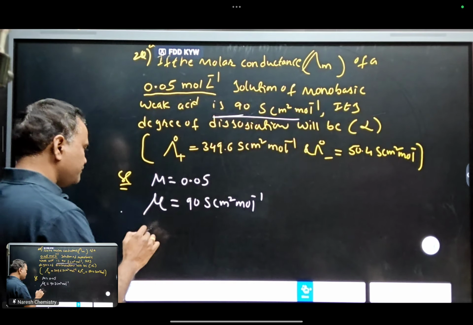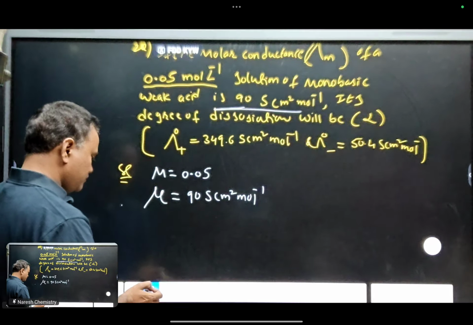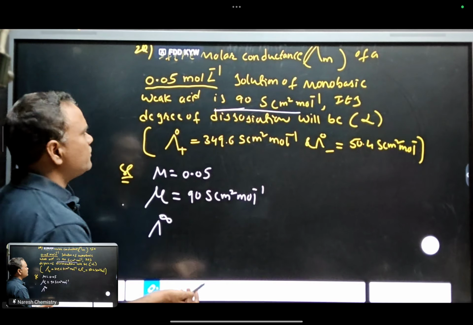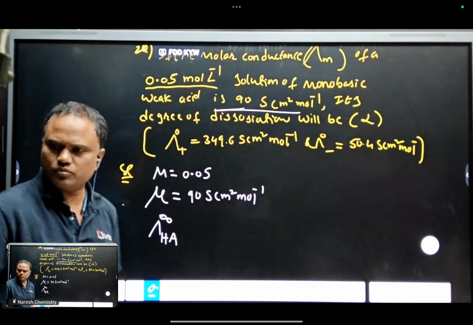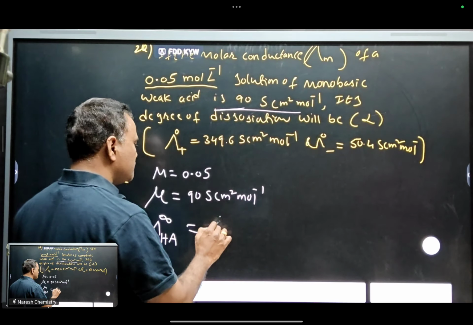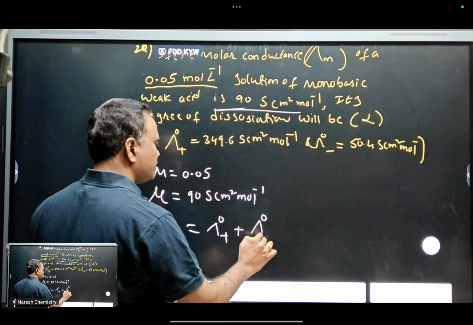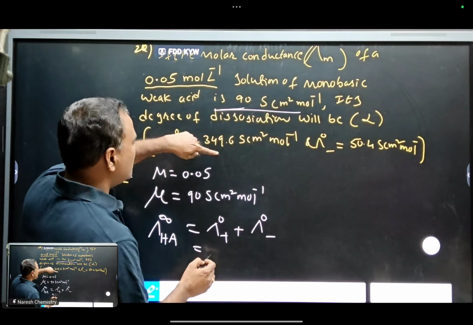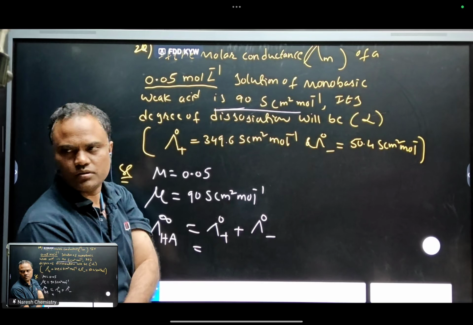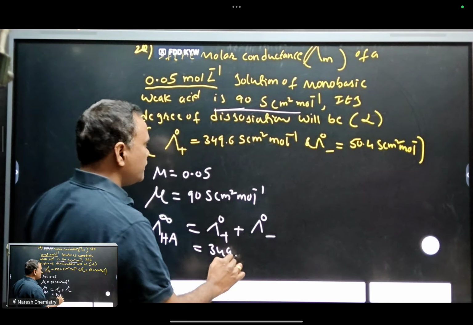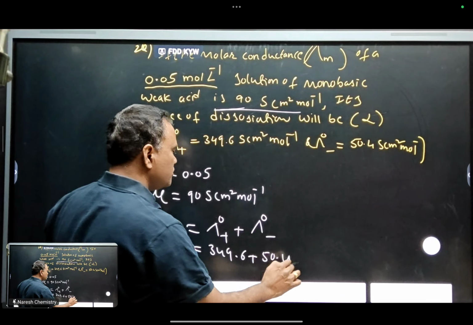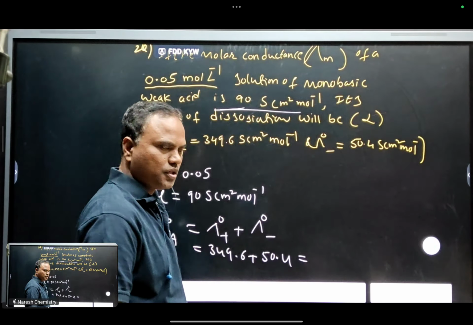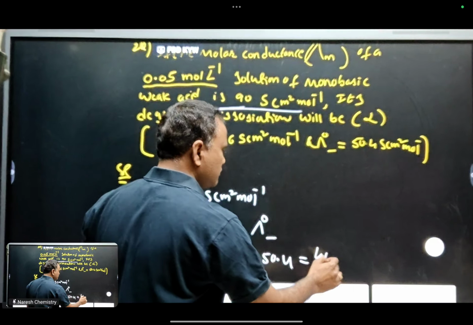It is lambda infinity of the weak monobasic acid, let us take it as HA. It is the sum of the conductance of cation plus anion. Add these two: 349.6 plus 50.4, approximately 400.